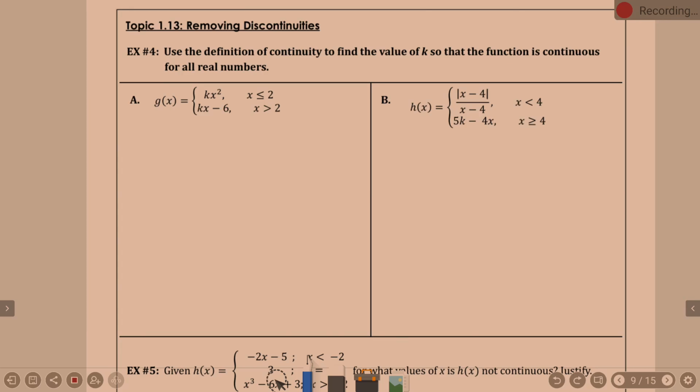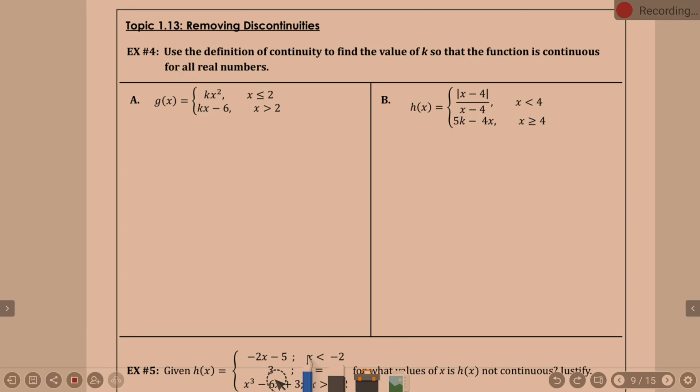Well, what do you know? kx squared. What do you know about a graph that is something x squared? It's a parabola. It's continuous, yes? What do we know about a graph kx minus 6? It's a line. It's continuous, yes? So we know our pieces are continuous. We know we're good with a parabola, and we know we're good with a line. Where's the issue?